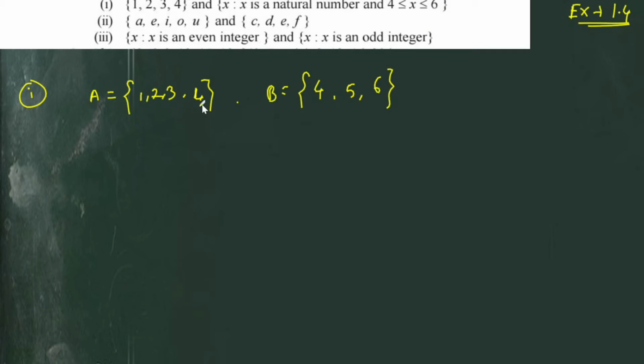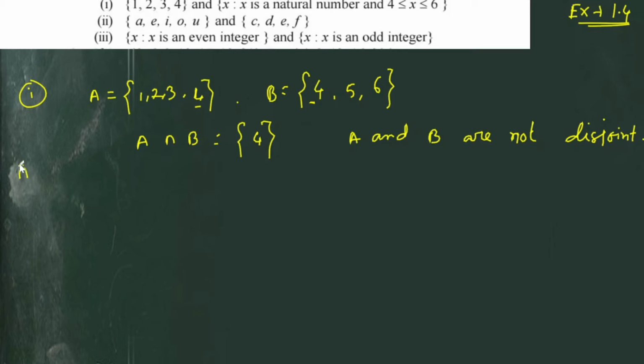Now 4 is a common element here, meaning A intersection B is {4}. You have to check which pair of sets is disjoint. So this is not disjoint, A and B are not disjoint sets.